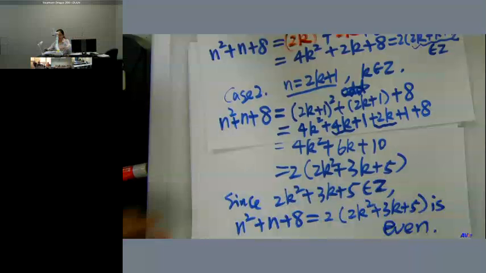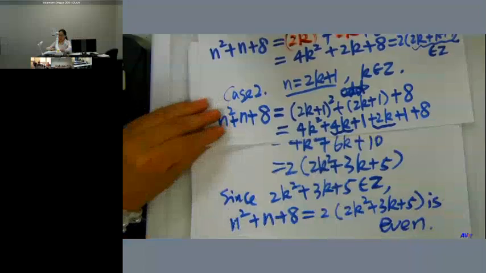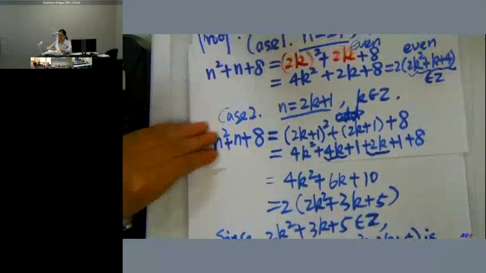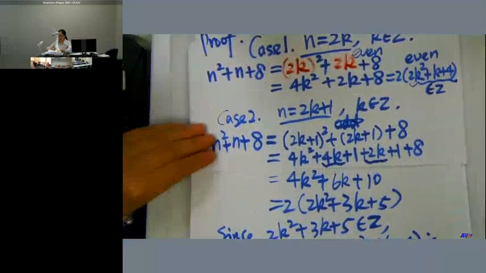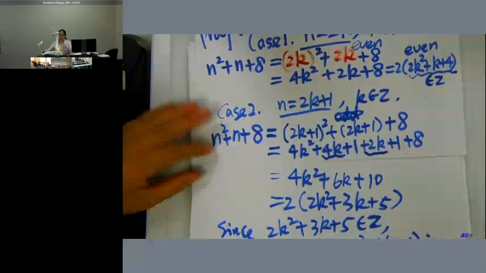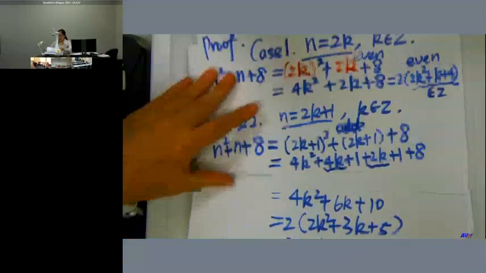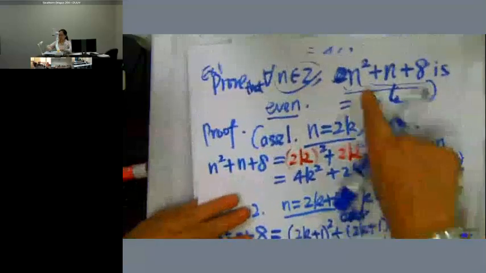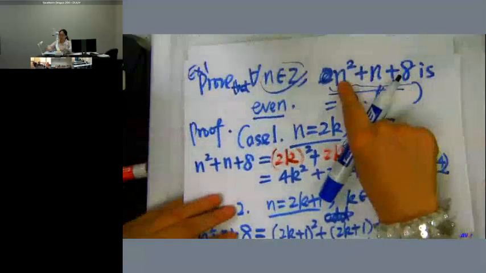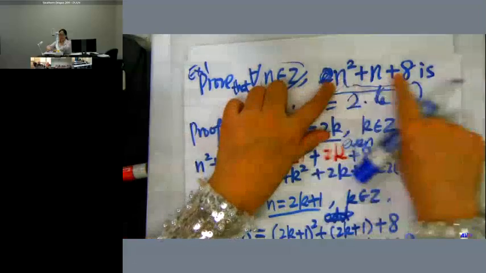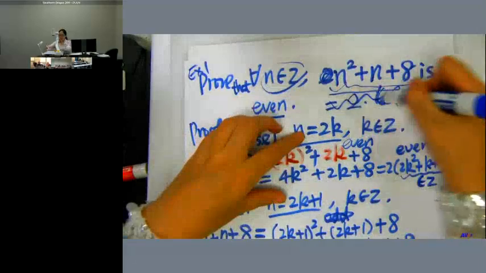Now, go back and look at this proof one more time. What did we do? We did 2 cases. And what's the reason we have to do 2 cases? Because when you look at the original expression, n squared plus n plus 8, if you only know n, there's no way you can factor out a 2 there. We get stuck right here.